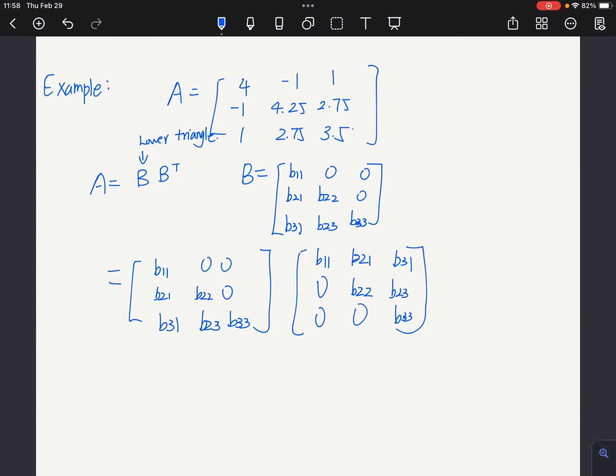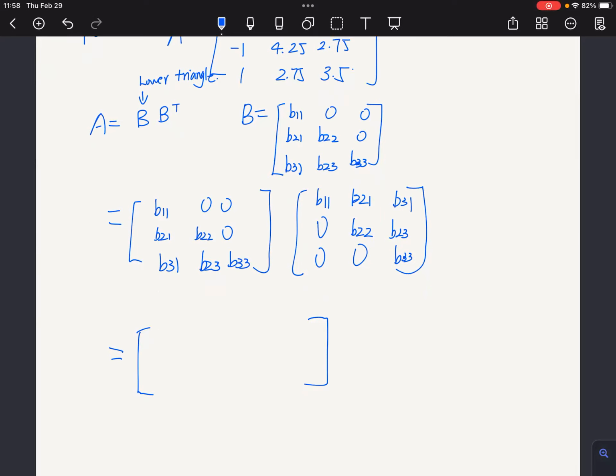This is the transpose of B. Let's do the multiplication to see what we have for each location in the matrix. What do we have for the first entry, the 1 1?